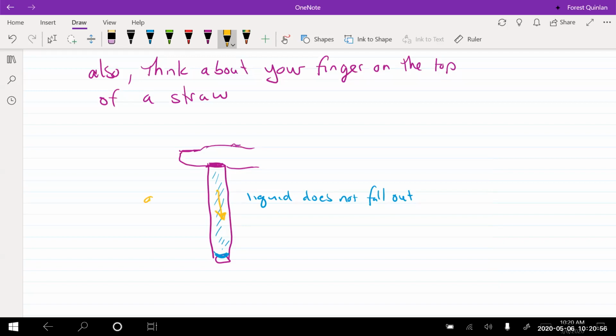Yes. So why doesn't it fall? You put pressure against it. Air pushing up.